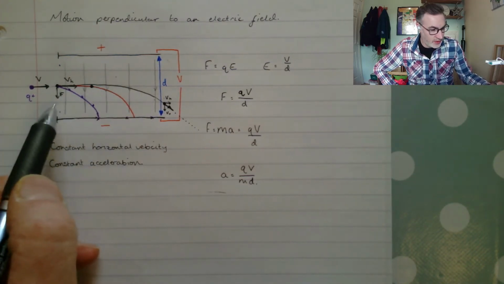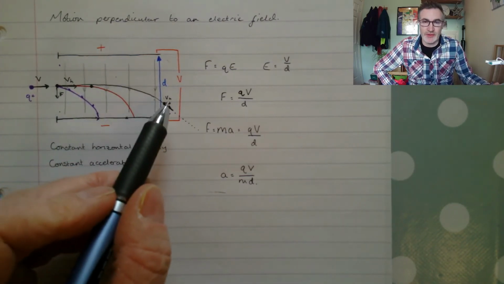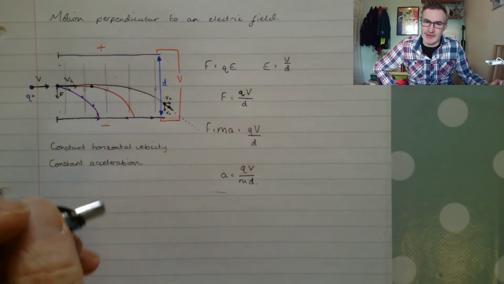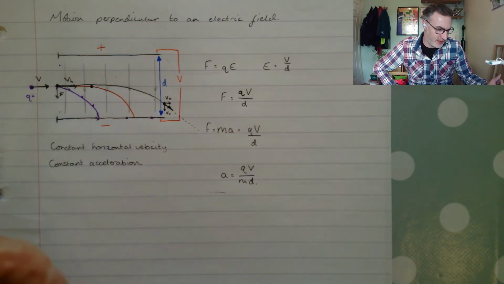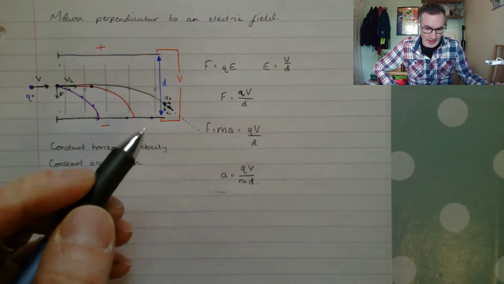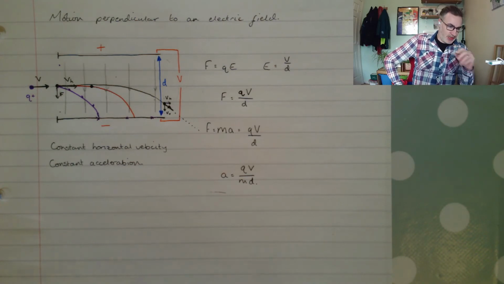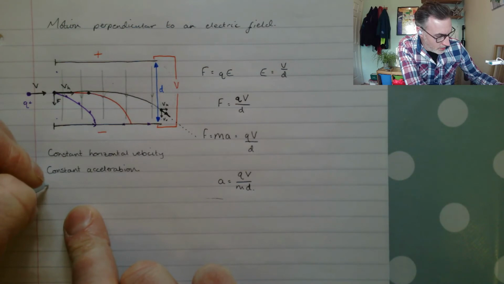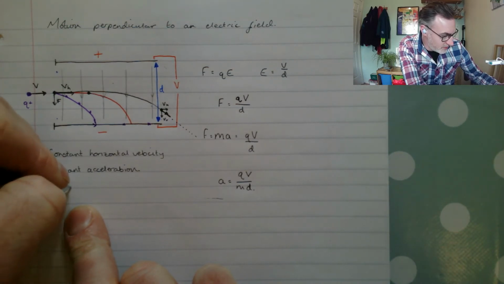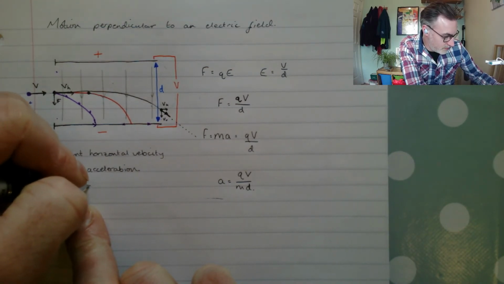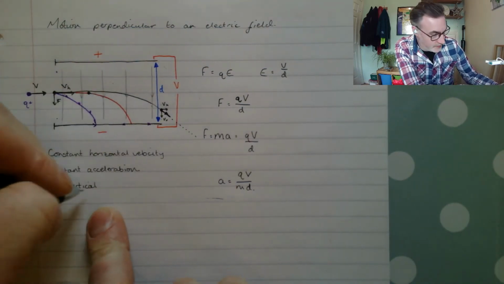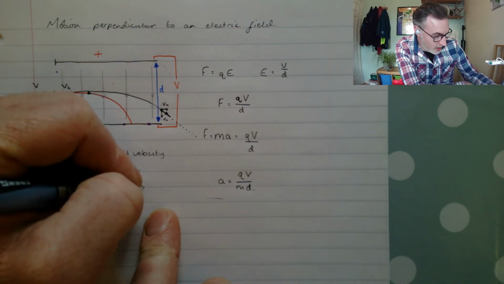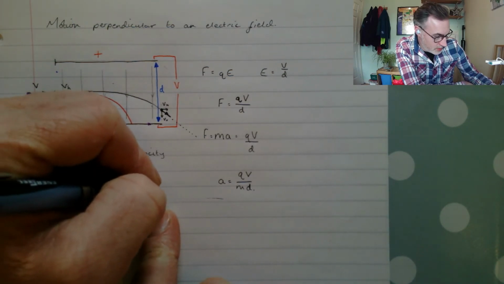I'll go through some of the basics with you here, and I might do another video showing how that's all worked out, because it is fairly in depth. Okay, right. So constant horizontal velocity, constant acceleration. For the vertical, use your old friend SUVAT.